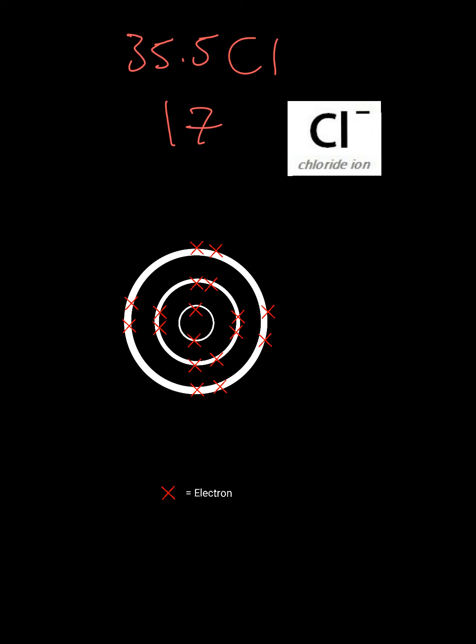Once again, when you have an ion, you have to make sure you put the whole atom in square brackets and then put the charge on the top right hand corner on the outside of the bracket, and there's a minus charge there.